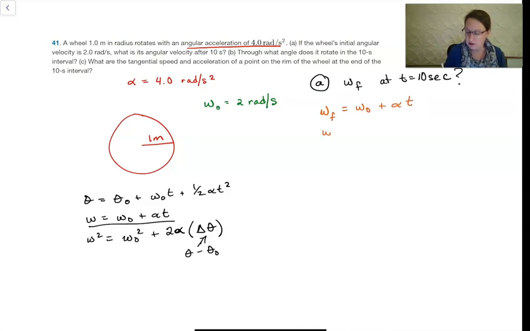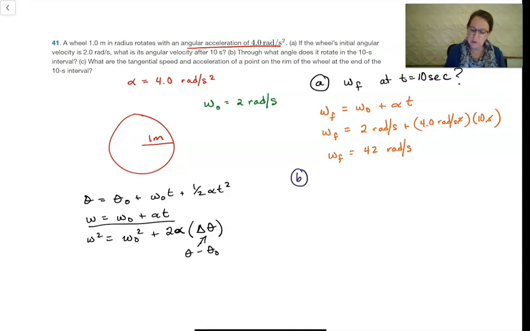We've got everything, so omega final just equals 2 radians per second plus 4.0 radians per second squared times 10 seconds. Seconds, one of them goes away, and we get a final of 42 radians per second. Okay, that's pretty straightforward.